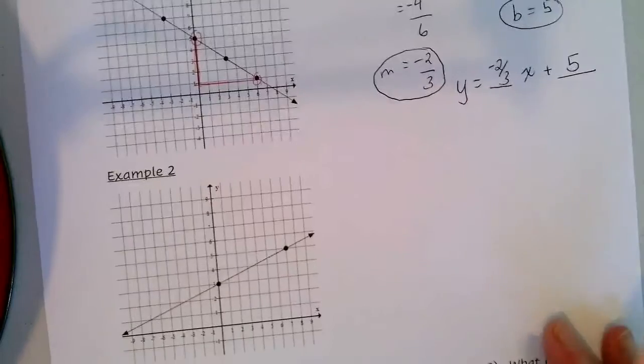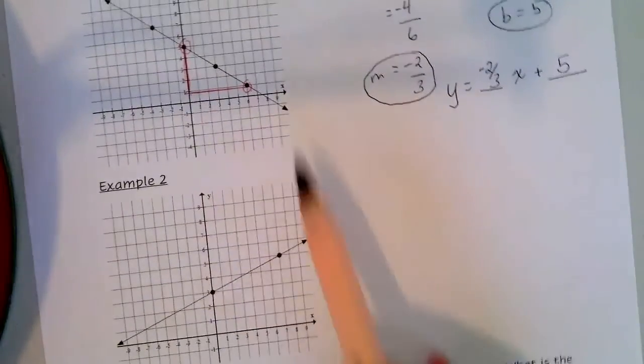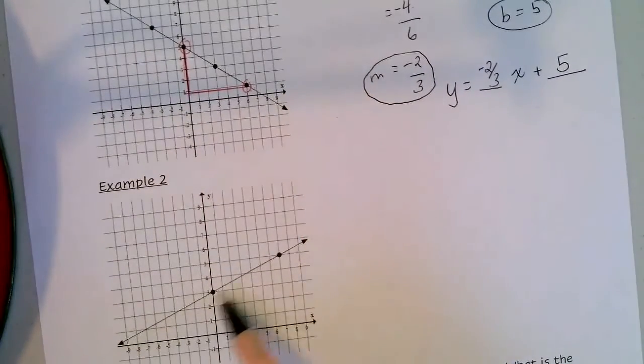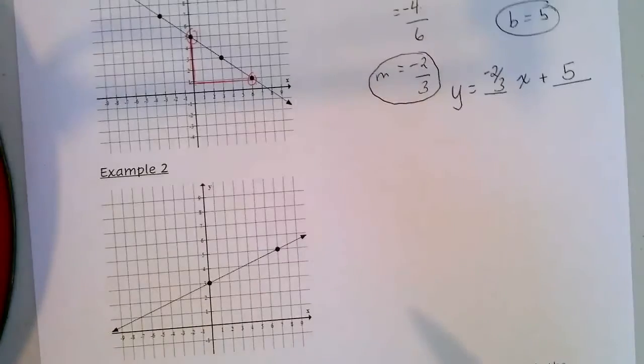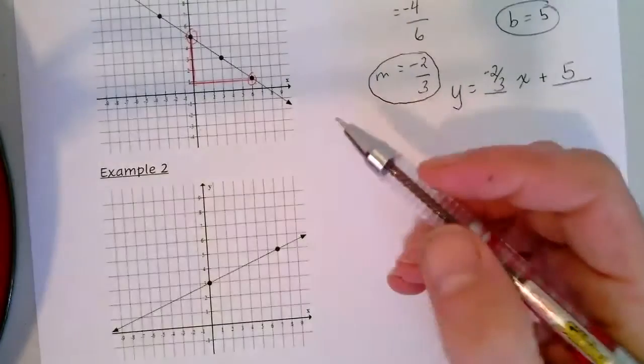Let's look at another one. This one is going up to the right, so I know that I need to have a positive slope. Again, to assist you, I've drawn in some points.